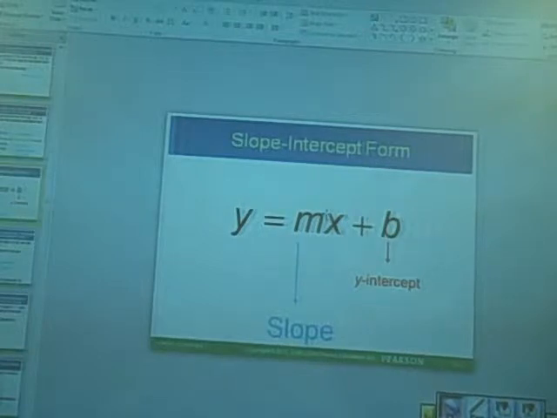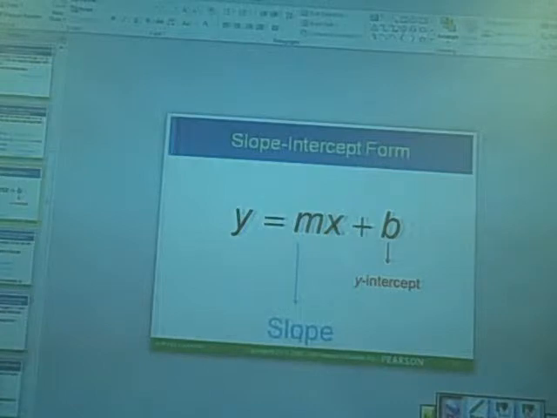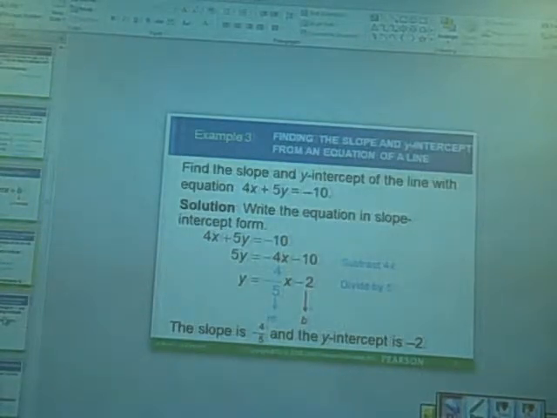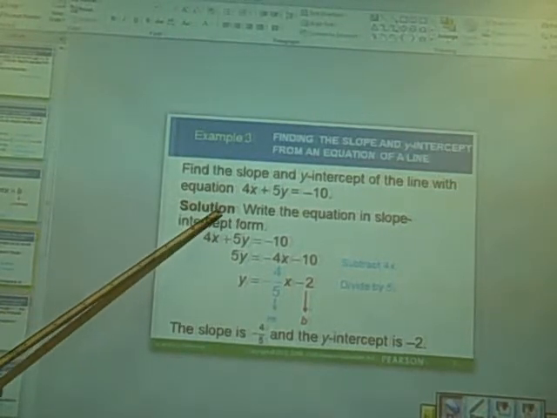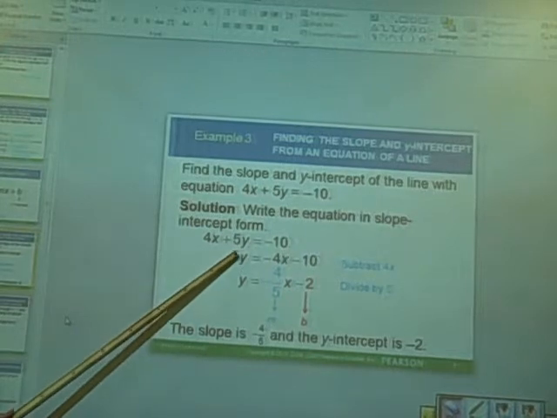Slope-intercept form, that's where we isolate the y. The slope is your coefficient of x, and your y-intercept is plus or minus the other number. So here we're going from standard form to slope-intercept form.